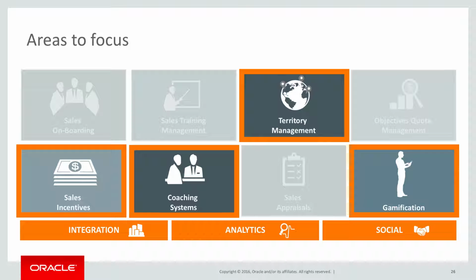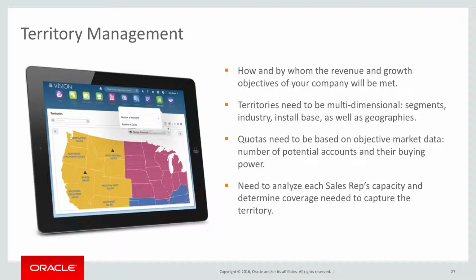So you start to answer questions right up front about revenue growth and objectives, about the different segments, whether I'm looking at my install base or net new or greenfield opportunities, and that I set my quotas based on objective market data and potential accounts and not on historical or colloquial ideas. And then finally, I have to think about what each rep is capable of, what kind of coverage they can provide, and how we capture it in the territory.